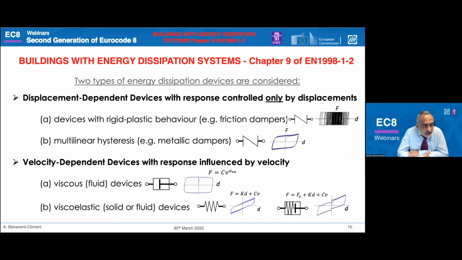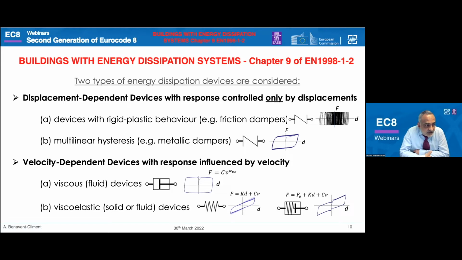First, two types of dampers are considered: the devices that depend only on the displacement and the devices that depend on the velocity and in some cases also on the displacement. This is the case, for example, of the viscoelastic dampers.